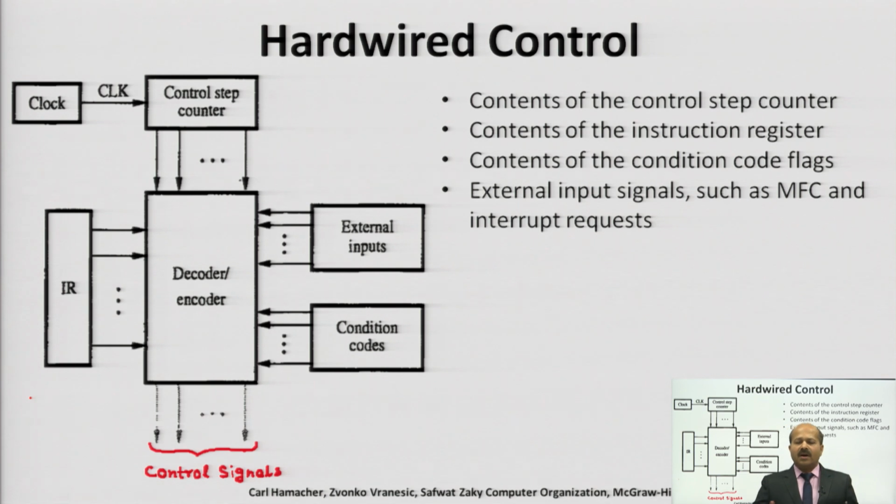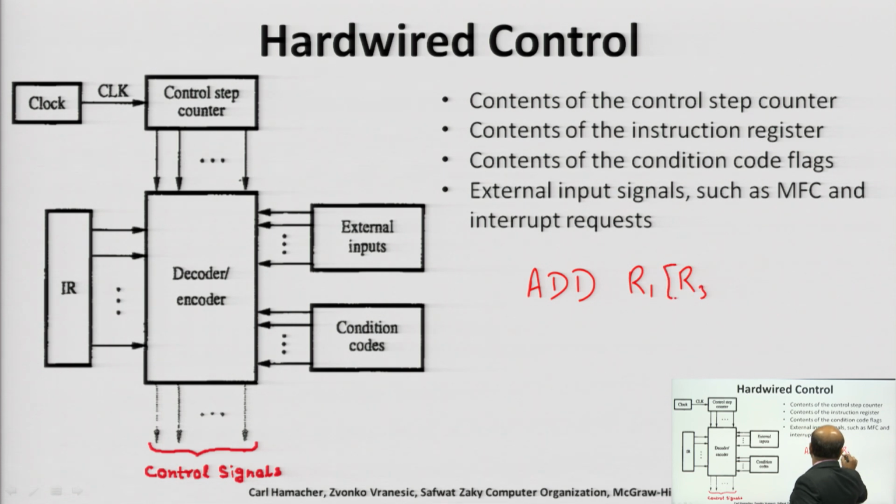So, in hardwired control, we can see in this figure there are several components. Means the device will issue the particular control signal based on some inputs. For example, we want to execute the instruction ADD R1, R3.